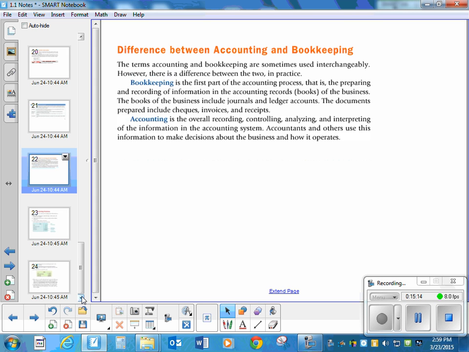If you are actually the accountant, not only are you recording, but you're controlling, analyzing and interpreting the information. So a bookkeeper wouldn't really provide financial advice to the company, but if you are the accountant, your job is to make sure that that company is running to the best of its abilities.